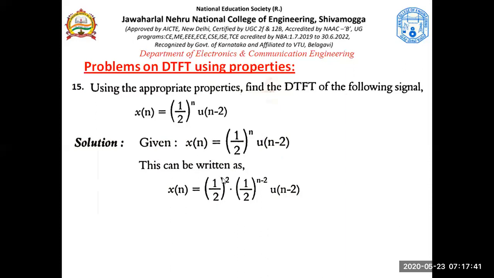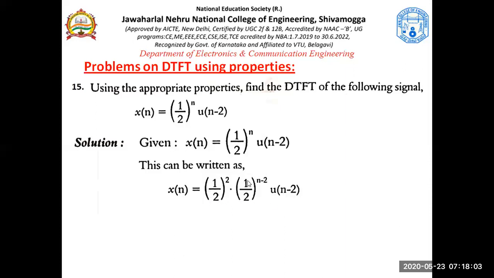So it's half square into half power minus 2. That is the term we have got there. So minus 2 comes with this term, and the square term is here, which would be a scalar. Fine, but the scalar can be taken care of at the end.